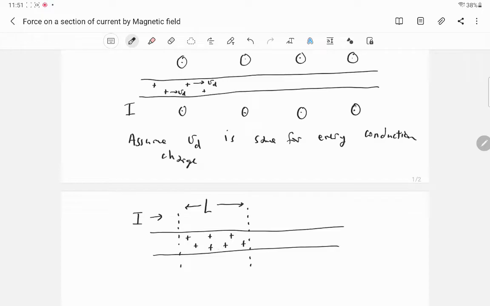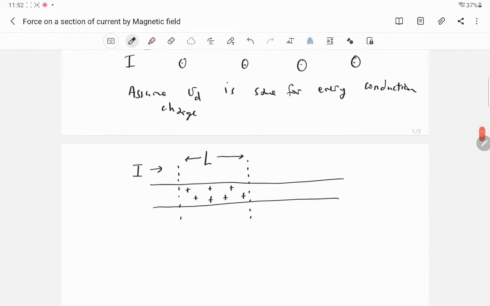And there's going to be a magnetic force on each of those charges. And we'll say that the force on this section of wire is just the combined force of, so I drew 1, 2, 3, 4, 5, 6, 7 little positive charges.